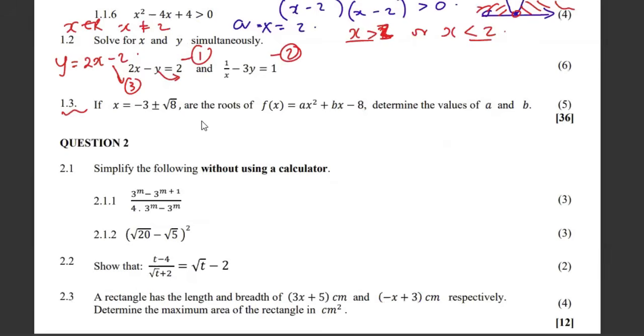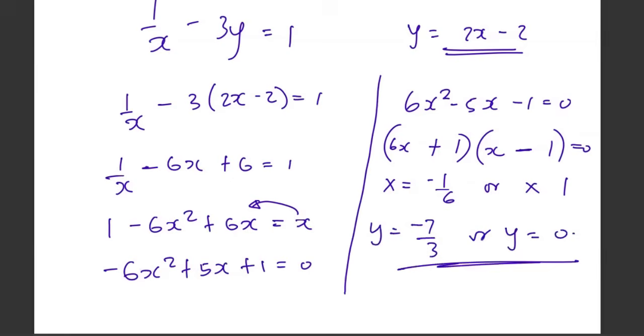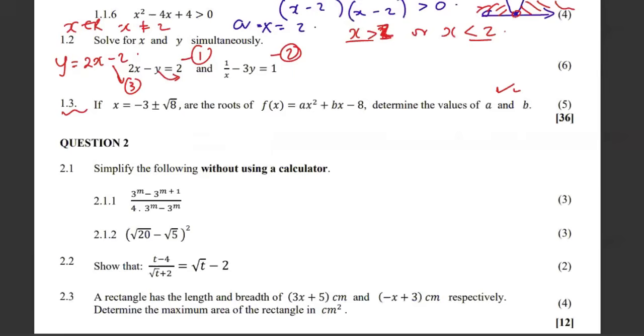And then 1.3, if x is this, okay, these are the roots of this. They want us to get the values of a and b. So negative 3 plus or minus square root of 8. Ax squared plus bx minus 8. Is it minus or plus? It's a minus.